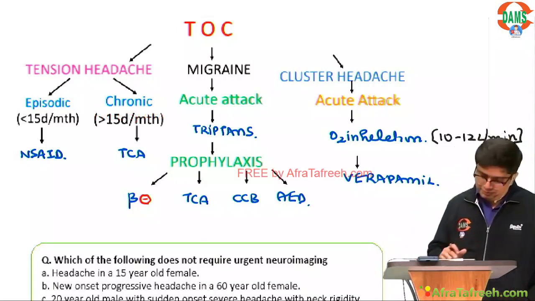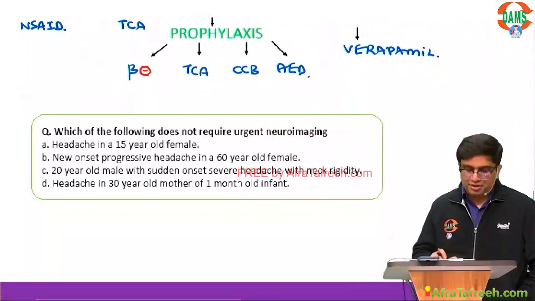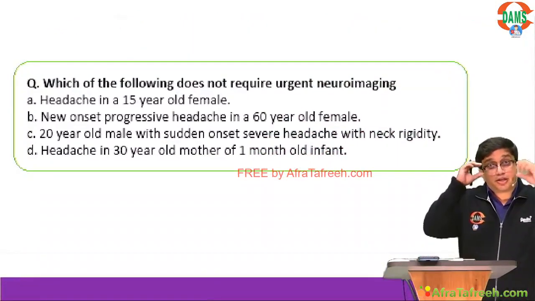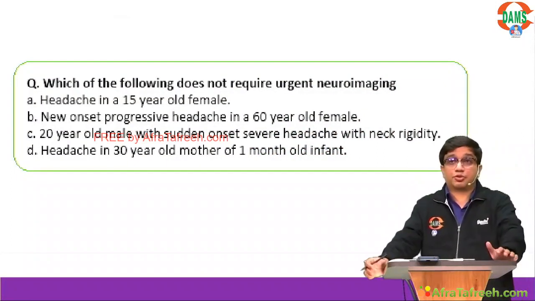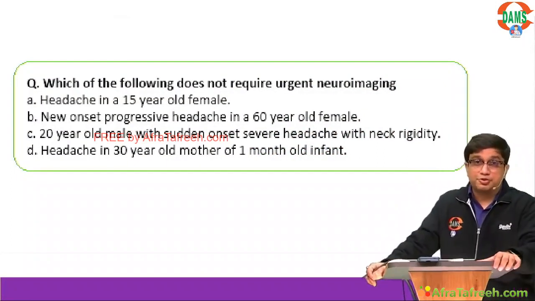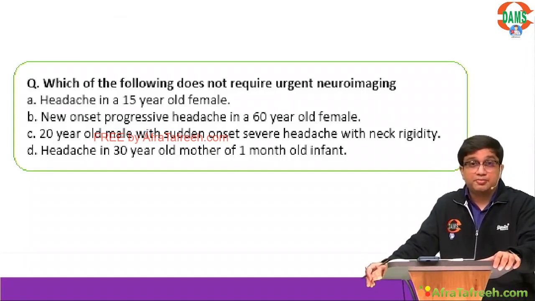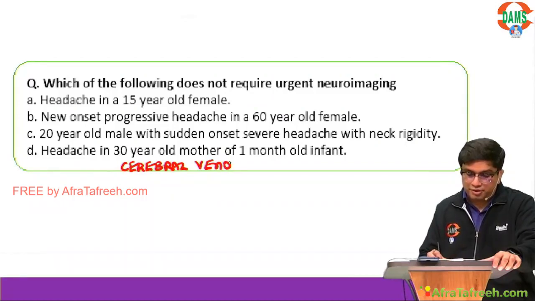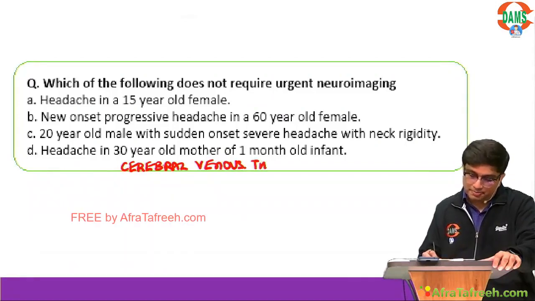Right. Which of the following does not require urgent neuroimaging? An easy question. A headache in a 30-year-old mother of a 1-month-old newborn, mother postpartum. The coagulability of the blood will still be high like in pregnancy. So you can think about cerebral venous thrombosis over there. That could be a reason for a headache in this patient.